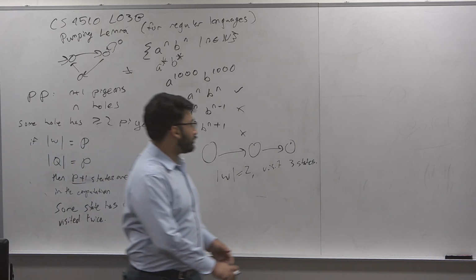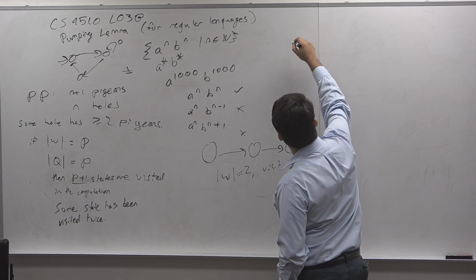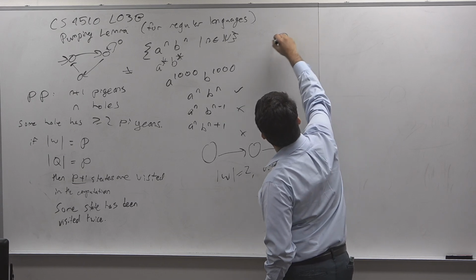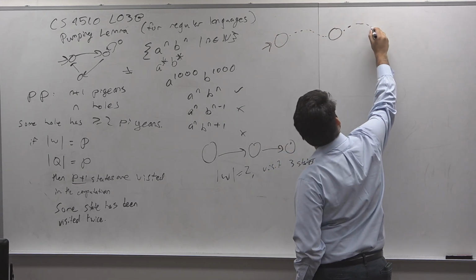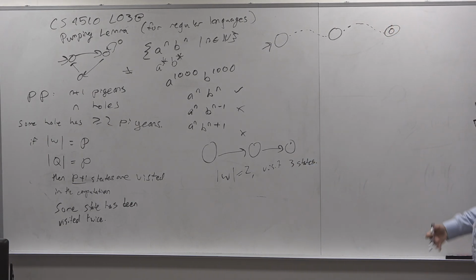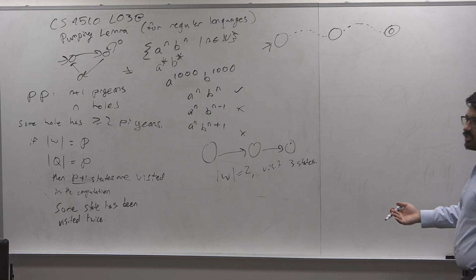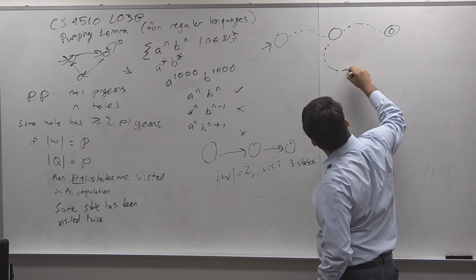So let me give you the picture of what that really means. If some state has been visited twice, suppose it looks like this. Suppose this is not just a sequence of states, but a sequence of transitions that gets you to an accept state. Let's say this is the state that has been visited twice.